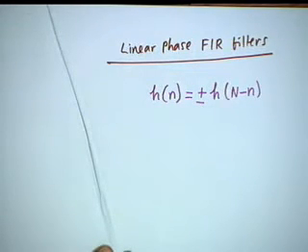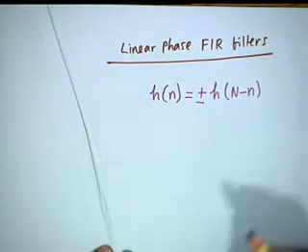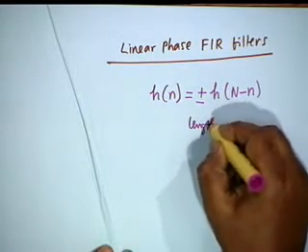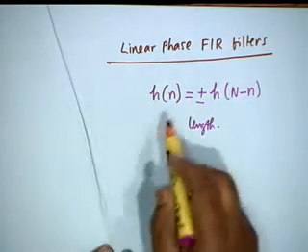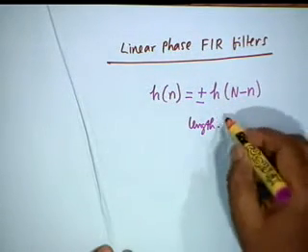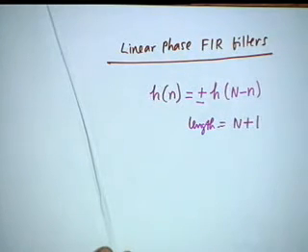The impulse response must be symmetrical or anti-symmetrical in order to achieve linear phase. We shall show this in a little while. The length of the filter, if I have samples from small n equal to 0 to capital N, then obviously length of the filter is capital N plus 1.